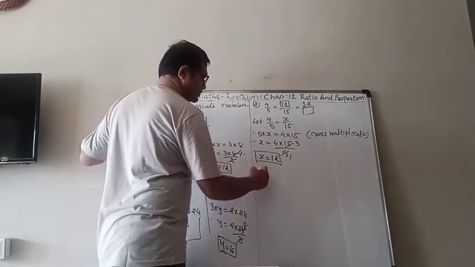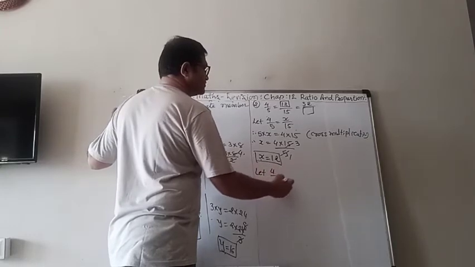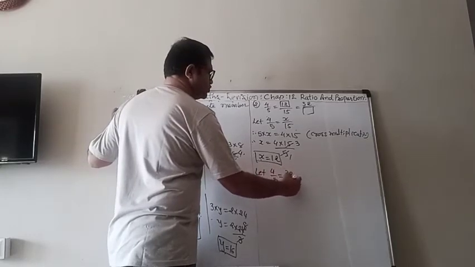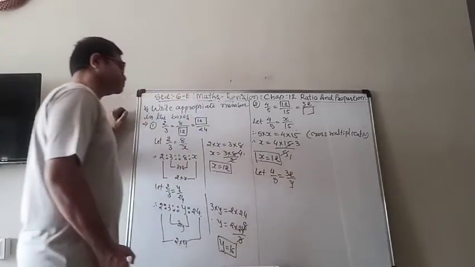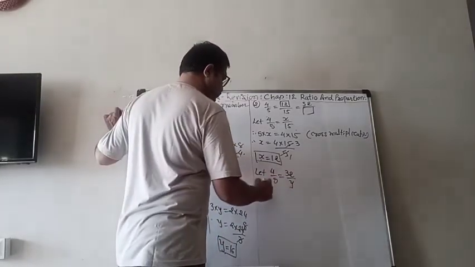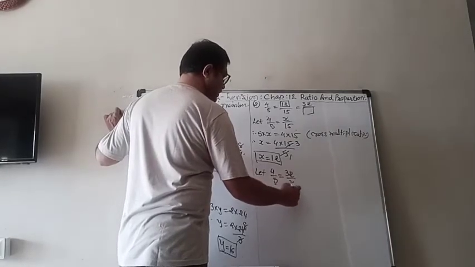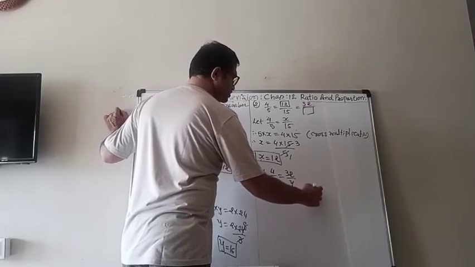So now again, let 4 upon 5 equal 32 upon, say, y. Here also we will do the cross multiplication, means 4 multiplied by y is equal to 5 multiplied by 32.